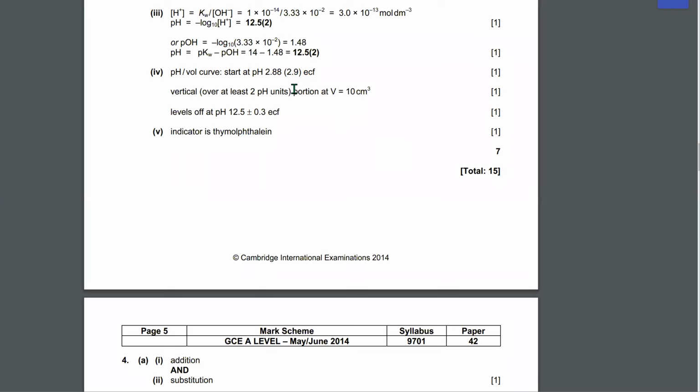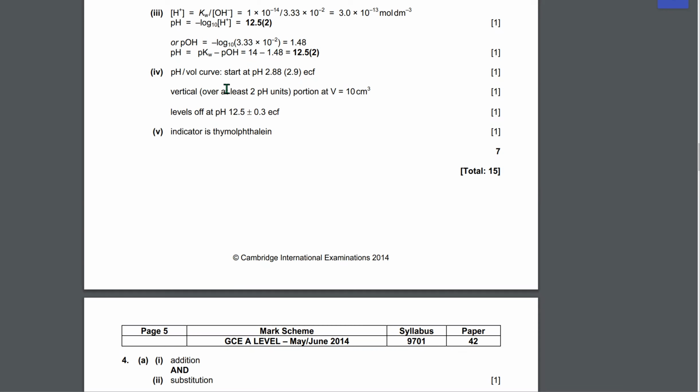So it's 2.88, that's fine. Vertical, so they're not even giving marks for the shape. I mean, they have given marks for the pH curve. It should be an S-shaped curve. So they're not being very specific, just the volume at 10 cm cube.